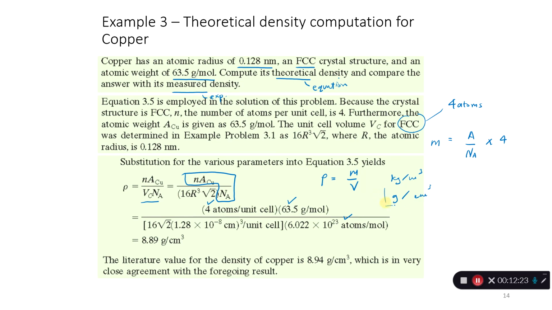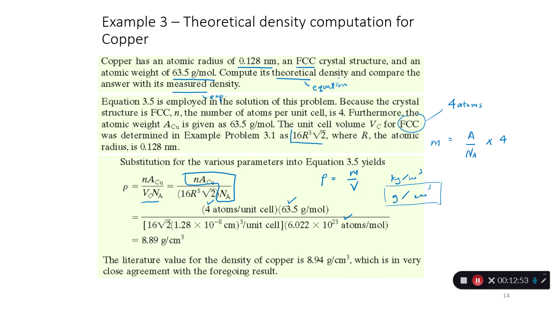You might want to use the latter because you're talking about a very small quantity of mass, so it's better to express it in grams per cubic cm. Having the mass, now we need to divide it by the volume of the cell. For volume, we just get it from the second example of finding the volume.